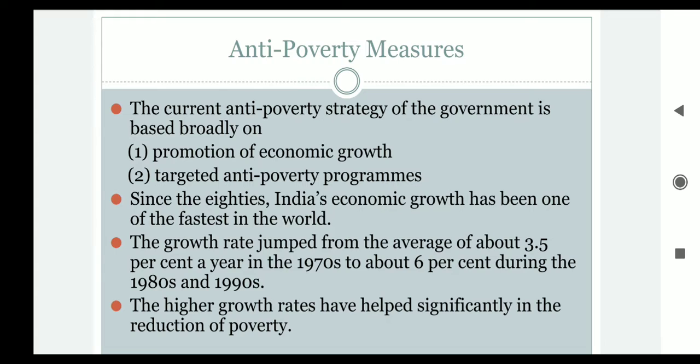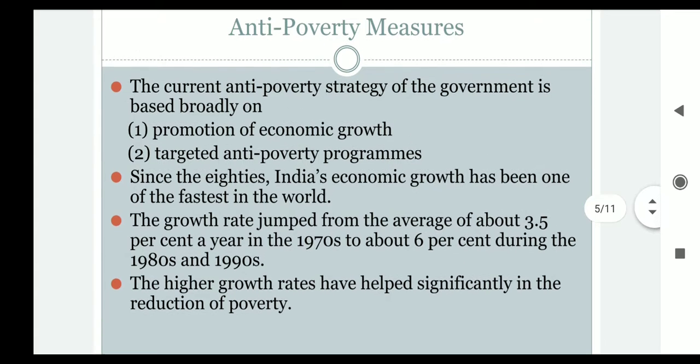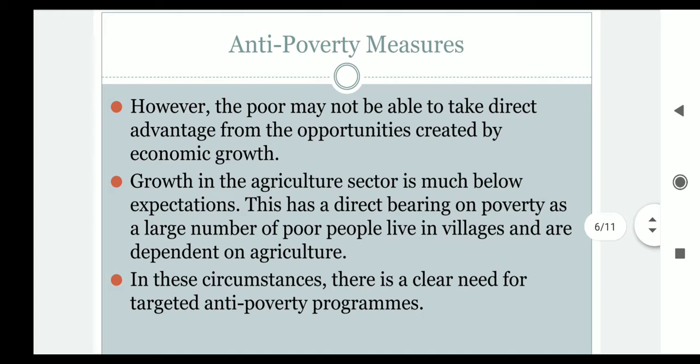The growth rate jumped from the average of about 3.5% a year in the 1970s to about 6% during the 1980s and 1990s. The higher growth rates have helped significantly in the reduction of poverty.